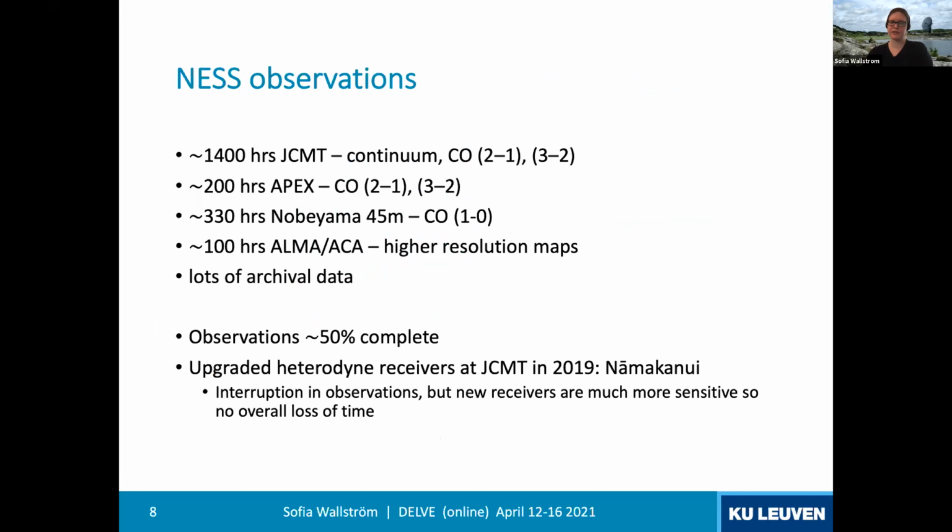There was a bit of an interruption to our extensive JCMT observations in 2019 as they upgraded their heterodyne receivers with the new Namakanui suite, but the new receivers are much more sensitive, so overall we haven't really lost any observing time. So as we only have about 50% of the observations, most of the results I will be moving on to now are preliminary.